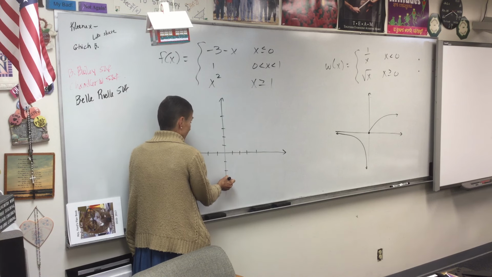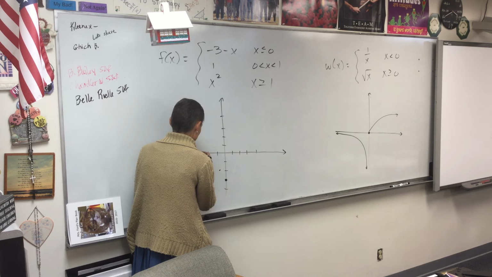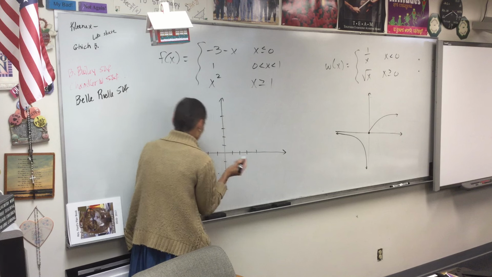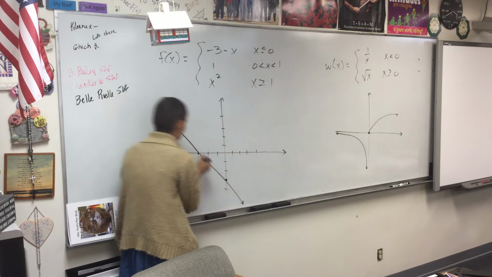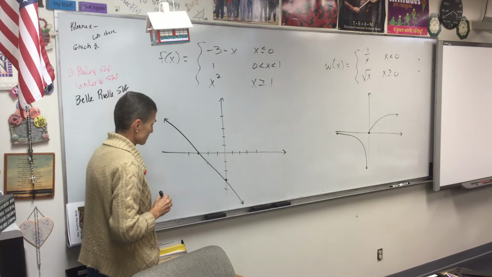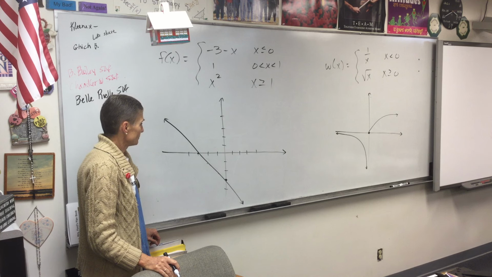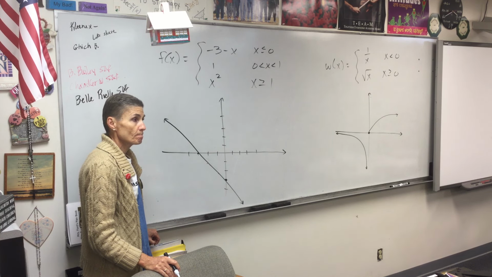That's -3, right? And then I have a slope of -1. It's supposed to be a straight line. We'll take it a little bit. So here is my line. Pretend that's a straight line, it's supposed to be. Is that okay with everybody?